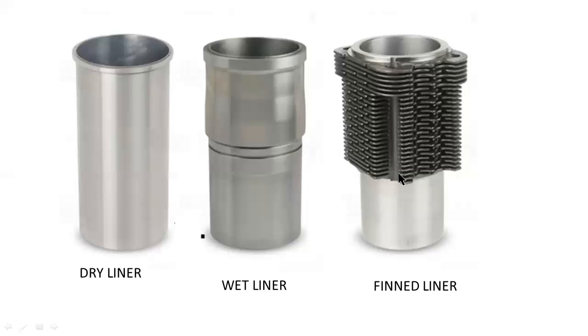For fin liners, it consists of fins. These are the fins to cool the cylinders. So the main difference between dry liner, wet liner, and fin liners is the outside surface. The inside surface is the same for all types of liners.